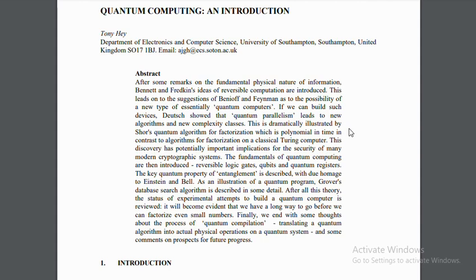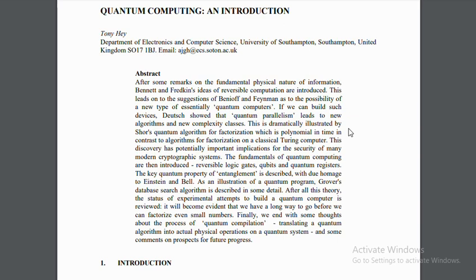This discovery has potentially important implications for the security of many modern cryptographic systems. The fundamentals of quantum computing are introduced: reversible logic gates, qubits, and quantum registers.